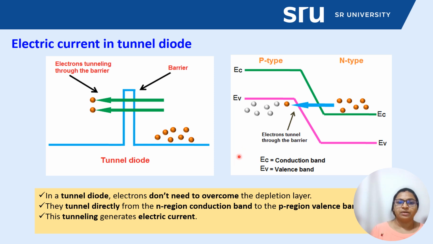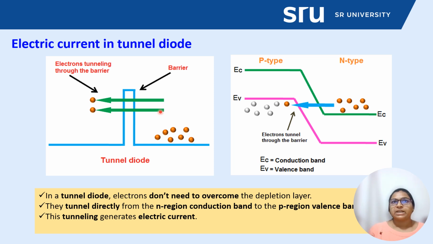If we see here, the electrons have no need to overcome this depletion layer. They tunnel directly from the N region conduction band to the P region valence band. So this tunneling will generate the electric current. However, we cannot get this in the ordinary diode.